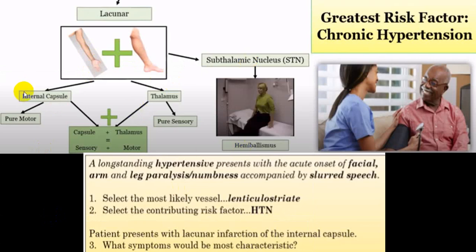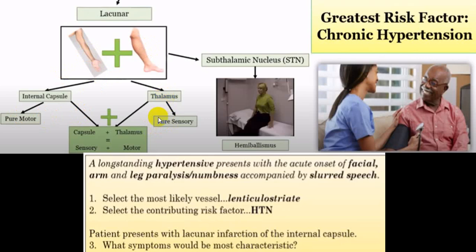We already mentioned that the internal capsule will produce pure motor findings, means dense hemiplegia, and both will be equally involved. Plus, the person can even have hemi-anesthesia because of thalamic fibers or thalamic radiation getting involved, and even involvement of the thalamus.